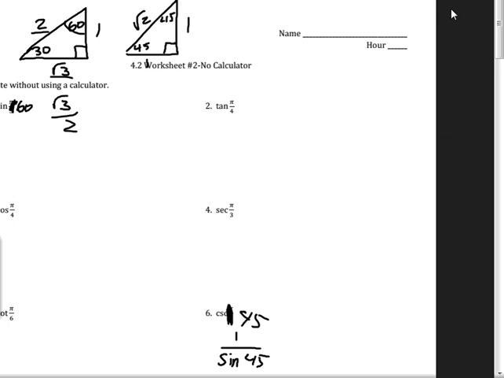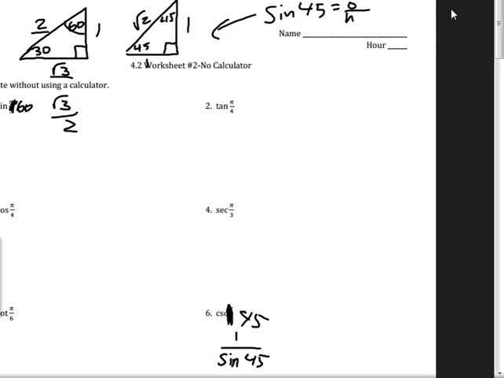So that means you need to now figure out sine of 45 and then flip it. So sine of 45 comes from this triangle. Sine of 45 would be opposite over hypotenuse.